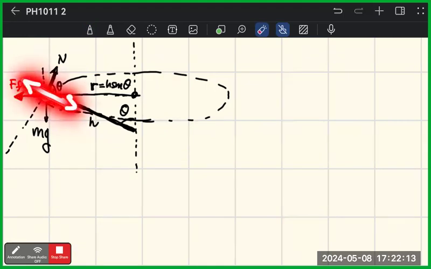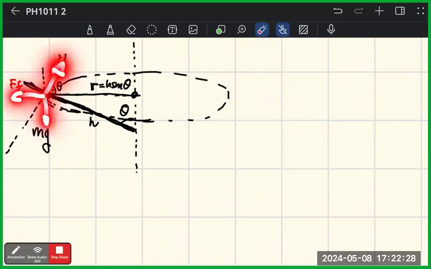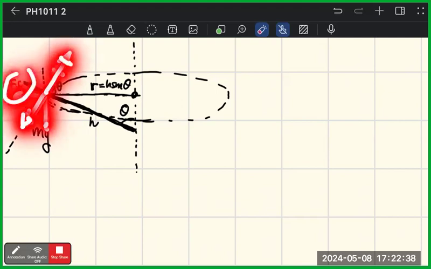So you can just ignore the N, because the N is only there to counter the mg and the fictitious force. I mean, because the mg and the fictitious force have a projection in this direction, the N is there only to counter this fictitious force and this mg.